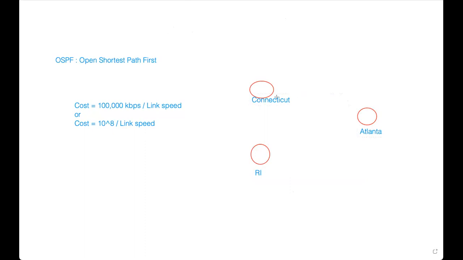So this is 100 miles. This is 1,000 miles. So which path is faster, or which path can be reached easier, guys? Through Connecticut or through Rhode Island to Atlanta? Which one will be faster? With the 100 miles, Connecticut to Atlanta, right? It's just 100 miles, so that will be quicker.